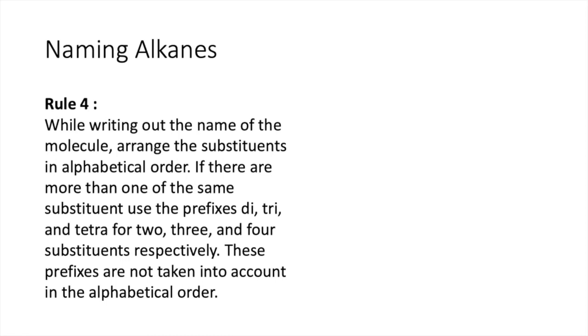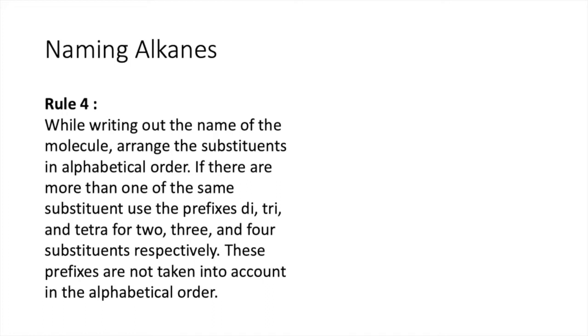Rule number 4: while writing out the name of the molecule, arrange the substituents in alphabetical order. If there is more than one of the same substituent, use the prefixes di, tri, and tetra for 2, 3, and 4 substituents respectively.